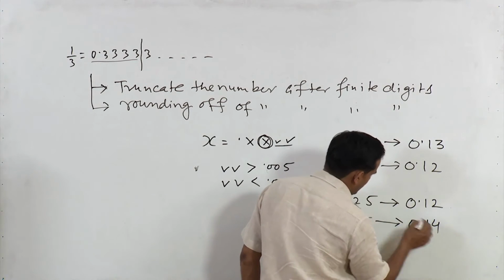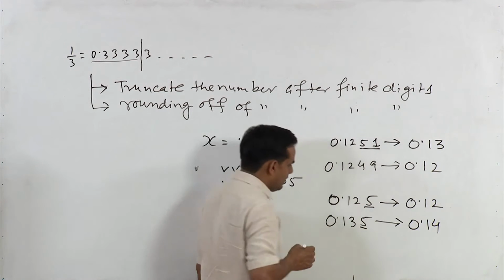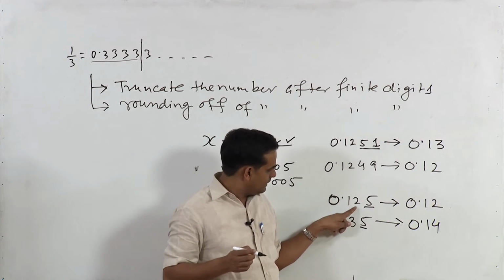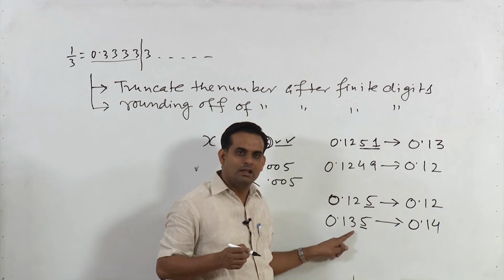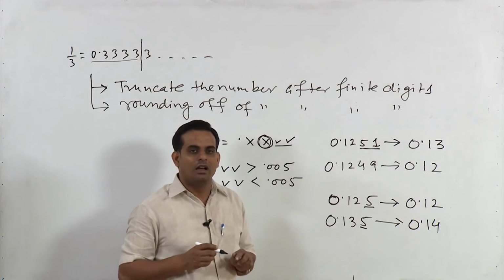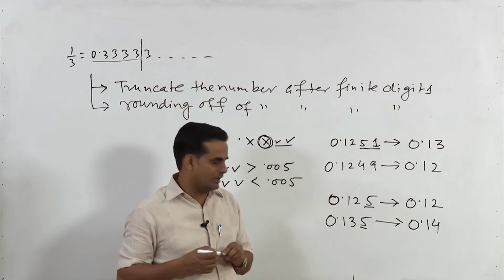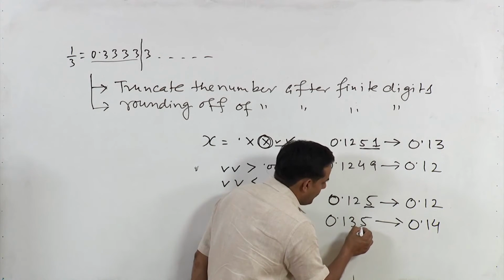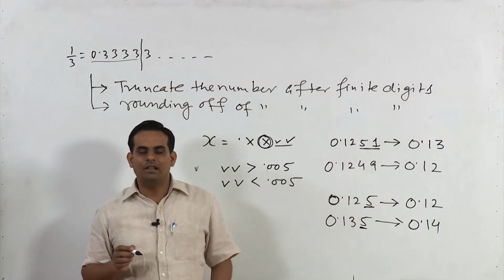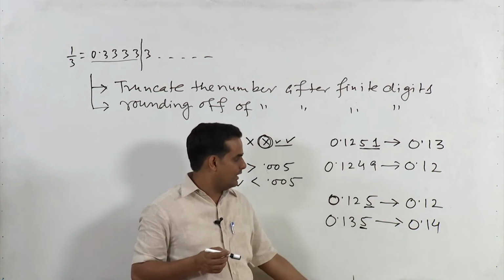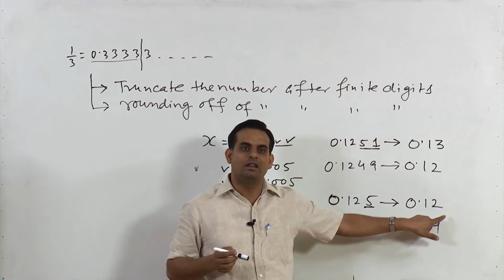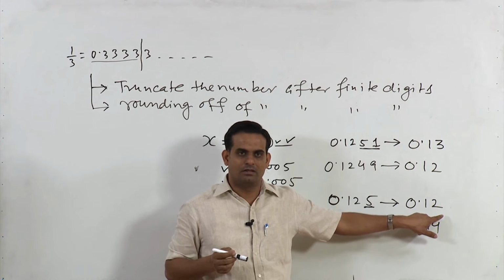Why am I doing this? The situation is the same, but here I am not increasing this digit by 1, while here I am increasing it, because if in the last you are having exactly half of the number, we will round off the number in such a way that the last digit should be an even digit.